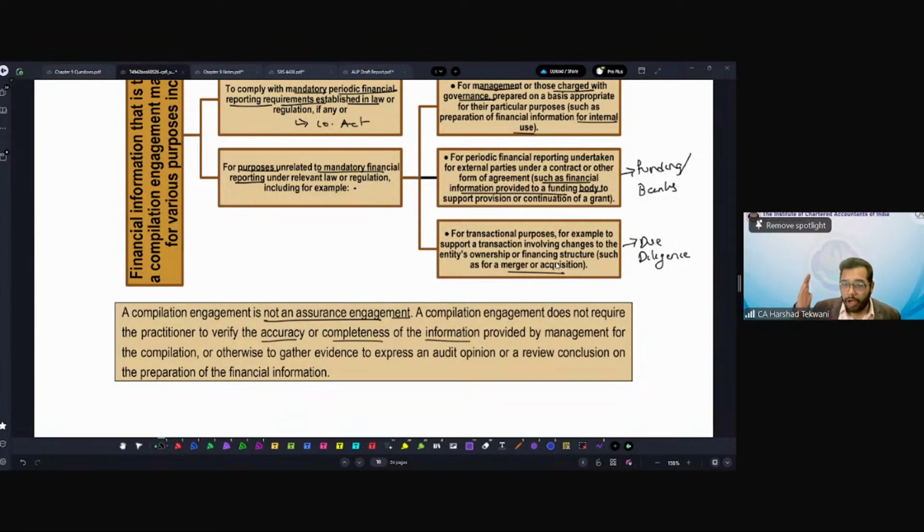Our job is to assist in presentation and preparation of the financial statements, not to verify accuracy or completeness. We will not issue an audit opinion or review conclusion on the preparation of financial information. No such opinions or conclusions will be there. Only compilation.